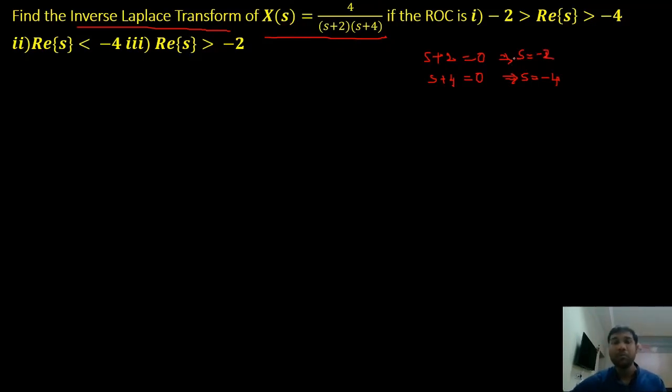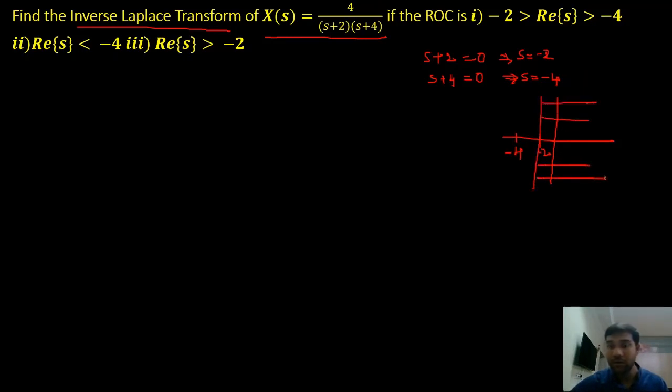So if you remember the properties of ROC, what does it state? One of the properties states that the ROC is either bounded by poles or extends to infinity. So if my poles are minus 2 and minus 4, how many types of ROCs can we get? We can get three different kinds of ROCs. One of them must be greater than minus 2.